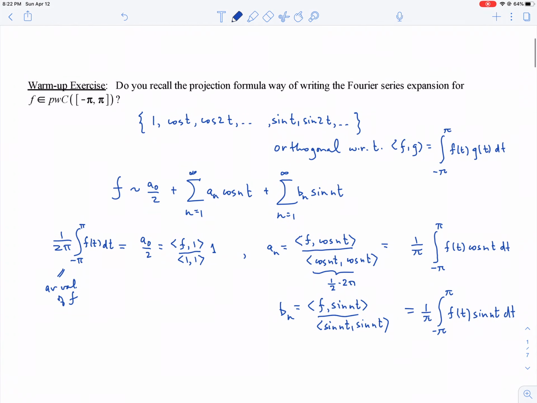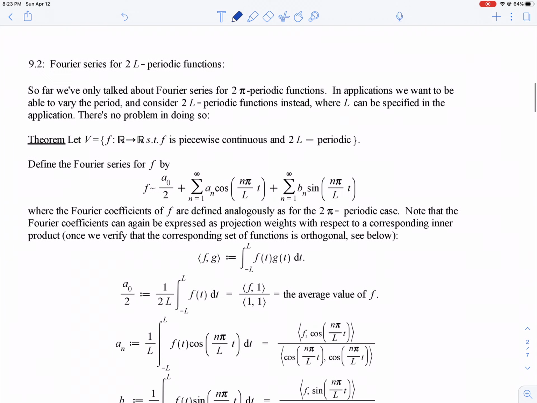Because we all remember projection from linear algebra using the standard dot product, I like to think of this way of motivating Fourier series. We're going to use exactly the same way for 2L periodic functions instead of 2 pi periodic.